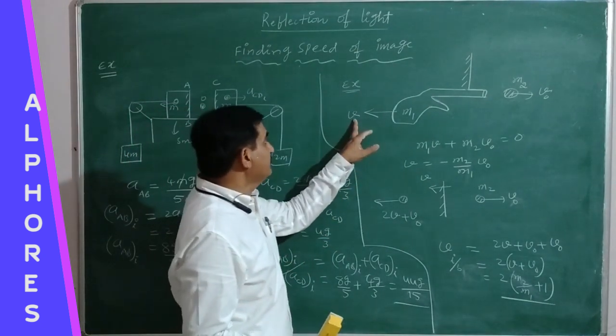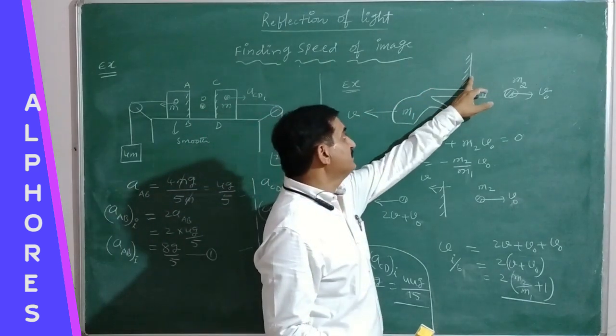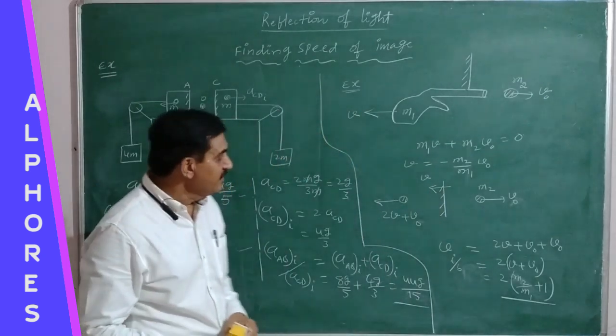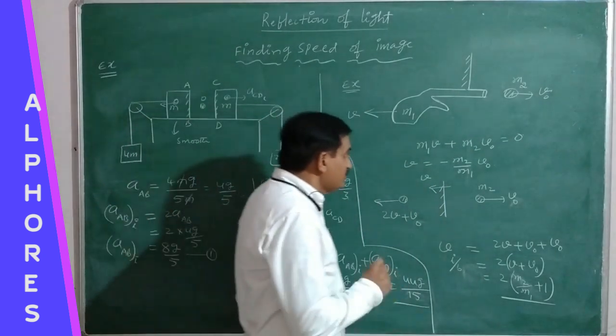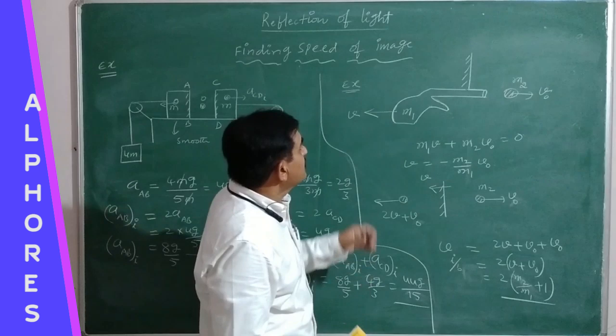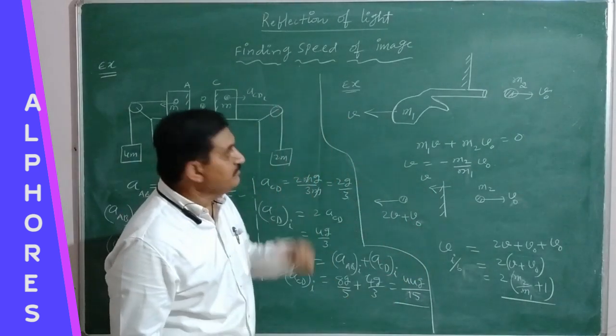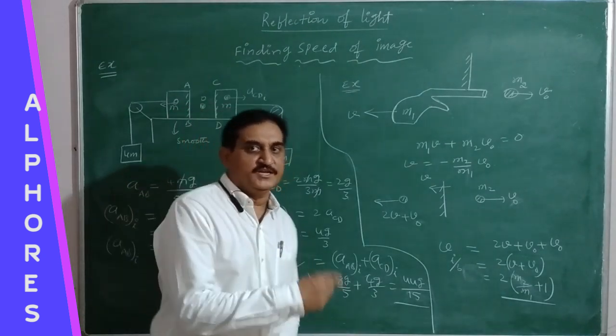So the gun is recoiling with a certain speed. With the same speed, the mirror is moving backward because it is fitted to the gun. Okay. Therefore, the question is, what is the speed of the image of the object formed in the plane mirror with respect to the bullet.